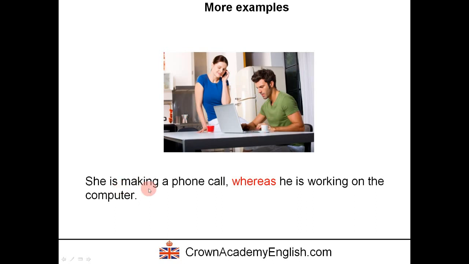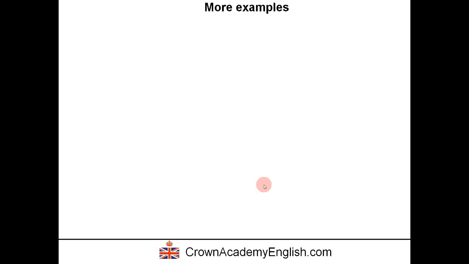So she is making a phone call, whereas he is working on the computer. So there is a difference in their actions. And so we're using the whereas to indicate this difference. Let's look at another example.